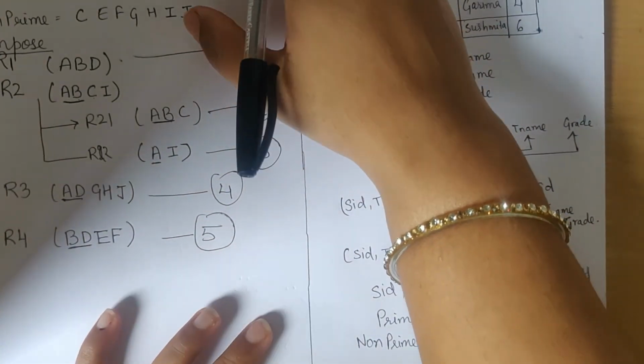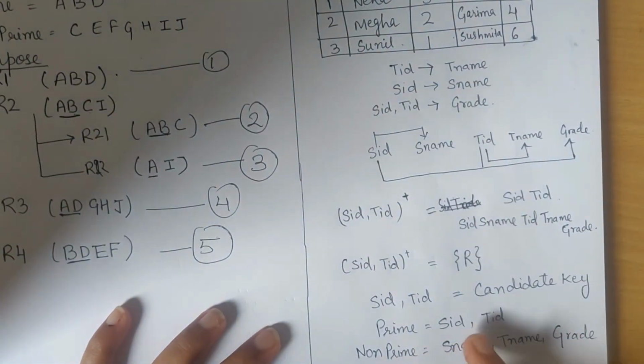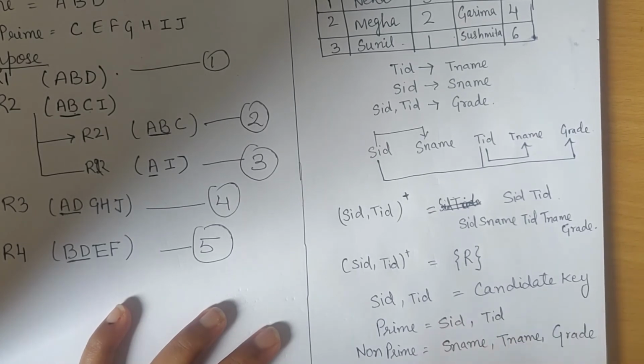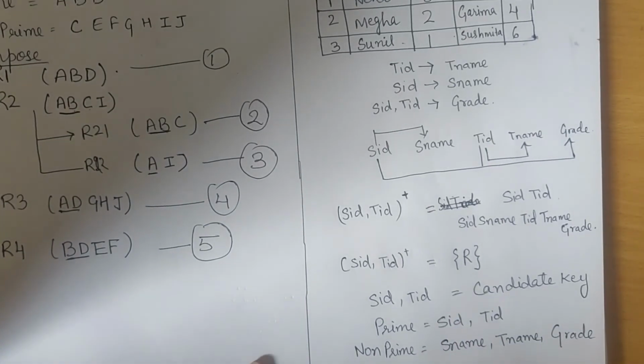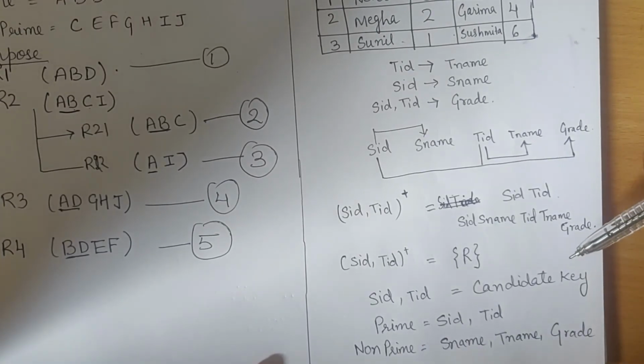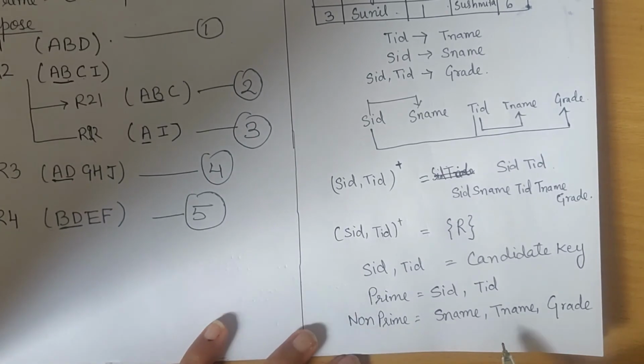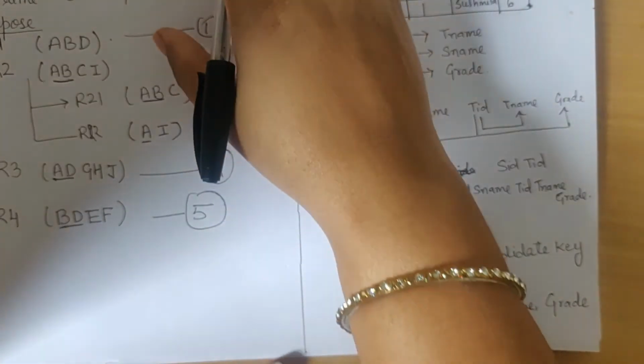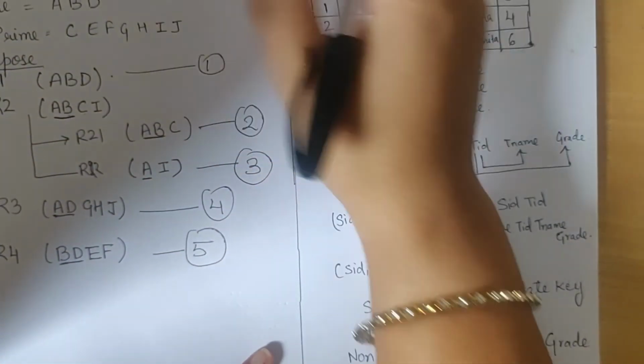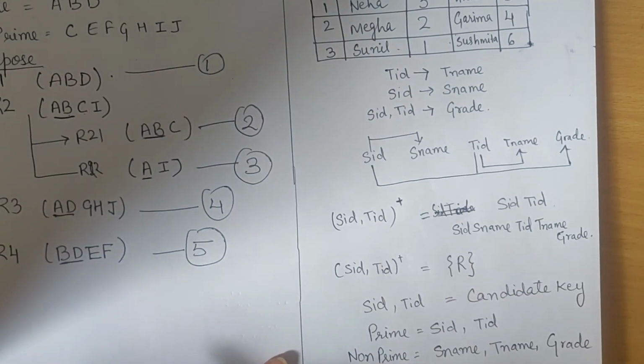Any proper subset of candidate key. What is candidate key? SID and TID. If any proper subset of candidate key determines a non-prime attribute, non-prime attributes are SName, TName and grade, then it is a partial functional dependency.